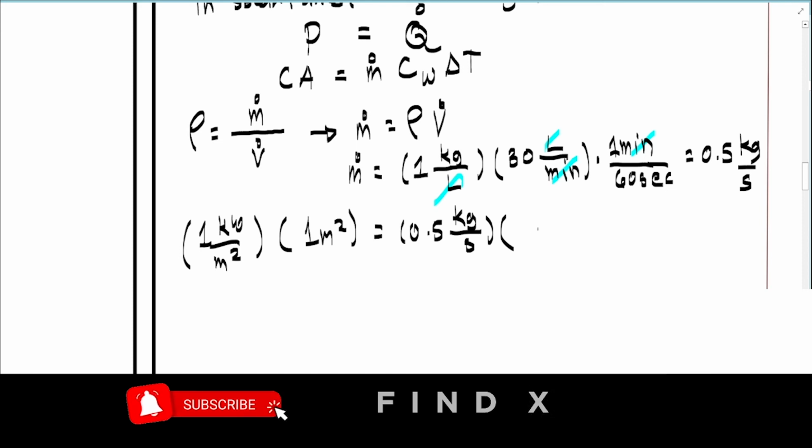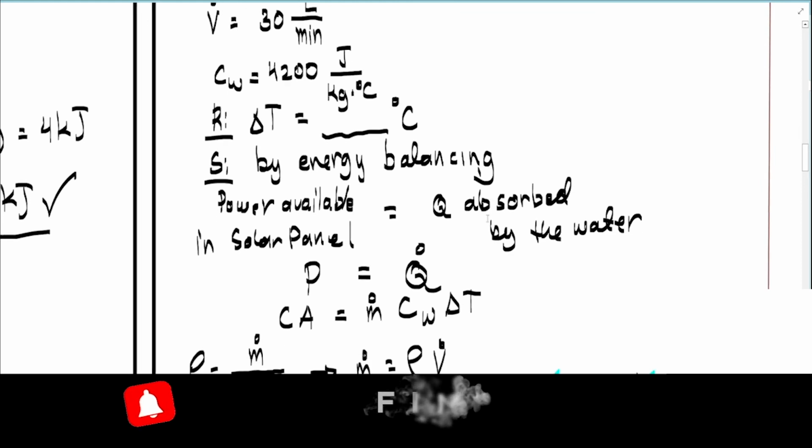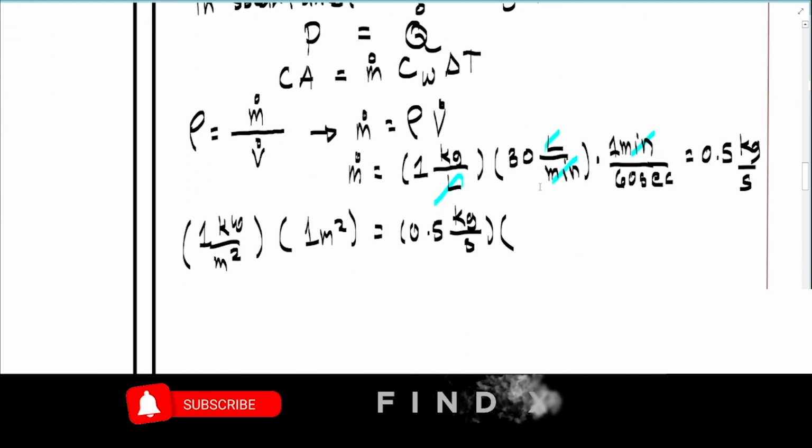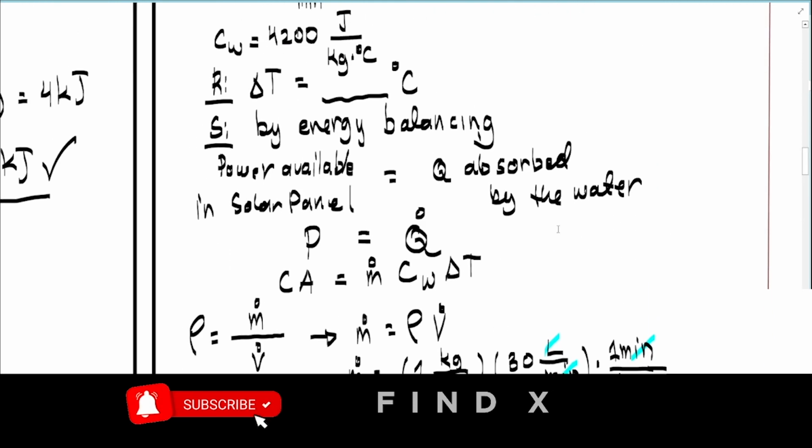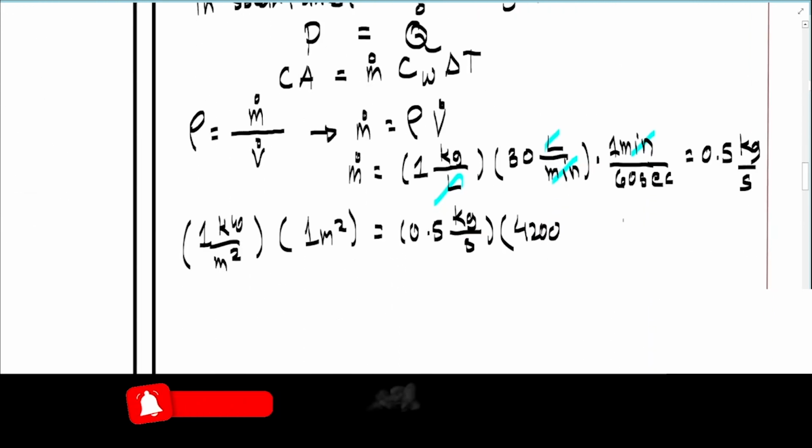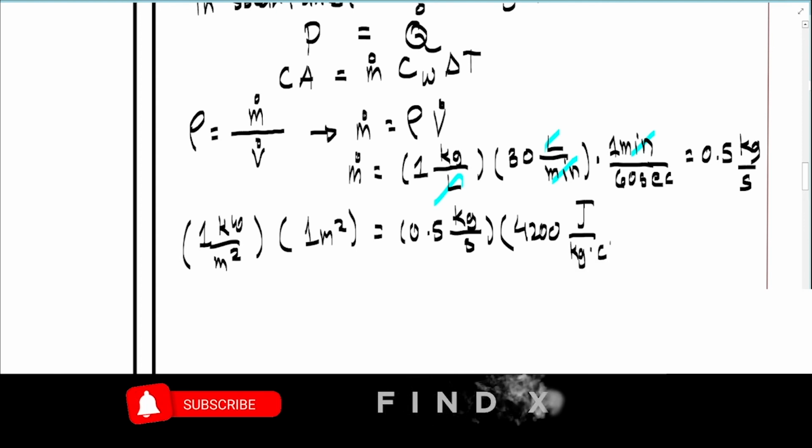What is the Cw? Yeah, the specific heat of water is already given. We have here 4,200 joules per kilogram Celsius. And we have the change in T, which is the one that we are looking for.